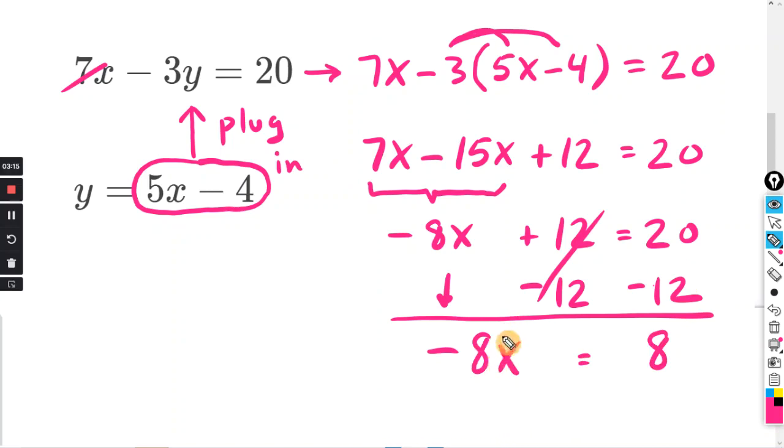Solving for x, this is x times negative 8. The opposite of times negative 8 is divided by negative 8. Okay, the negative 8's cancel here, and 8 divided by negative 8 is just negative 1.